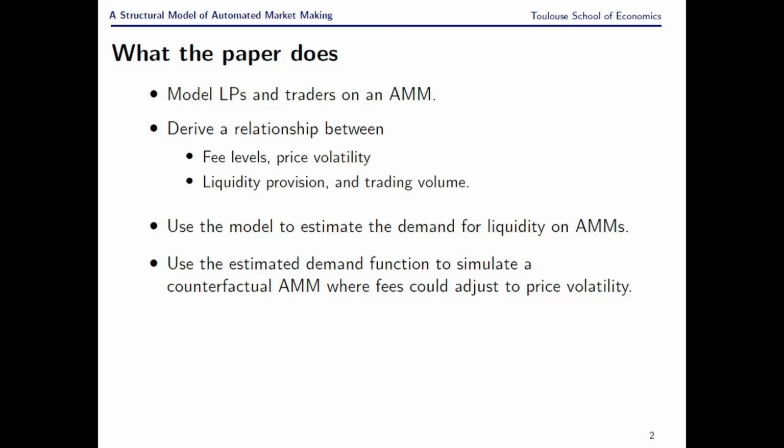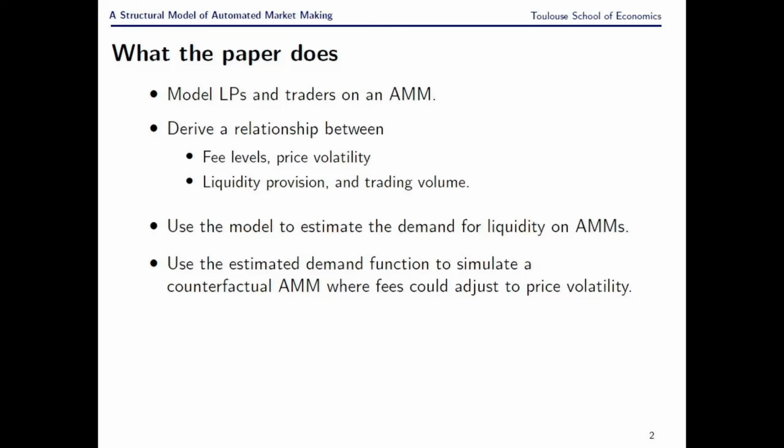And then what the model is going to give them is this relationship between the level of the fee, the level of volatility, so how much the fundamental value of these assets is going to move, and trading volume. The demand for liquidity, so how much traders want to swap on these AMMs, is really the central object that is then taken to the data and estimated.